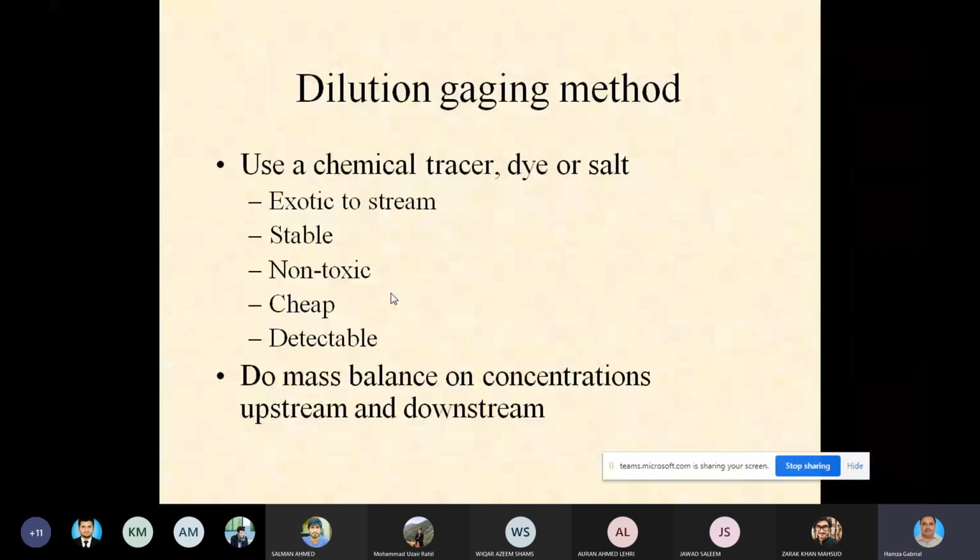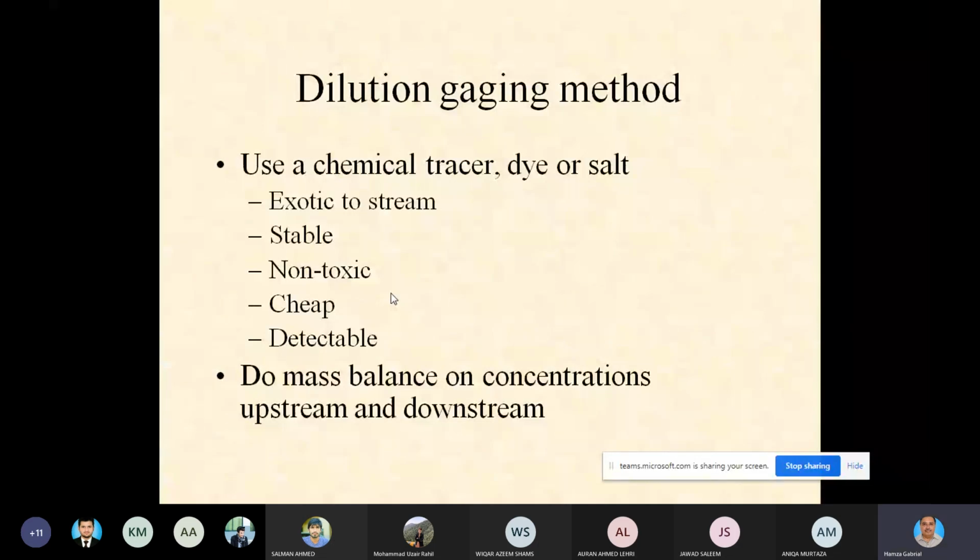You can even use radioactive materials. Radioactive materials can be traced with great certainty, but they are harmful for aquatic life due to the radioactive rays, so these are not allowed in natural streams.